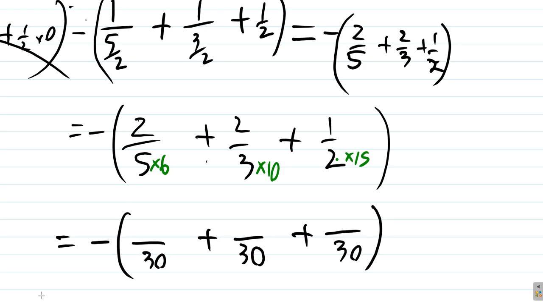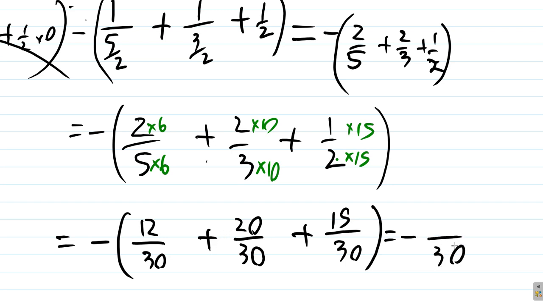The fact that we multiply the bottom by a number means we must multiply the top by the same number, right? So what we have here is 2 times 6 is 12, 2 times 10 is 20, 15 times 1 is 15. Okay, so that's what we have there. So it's a negative. Now we're going to have something over 30. What will it be?